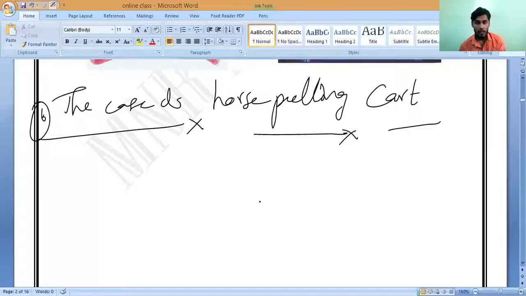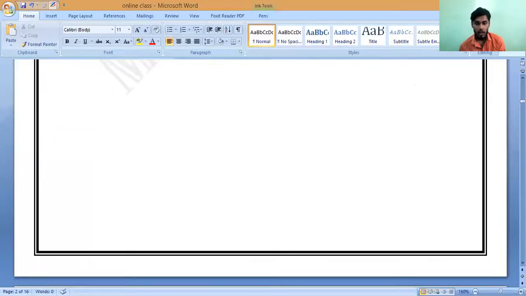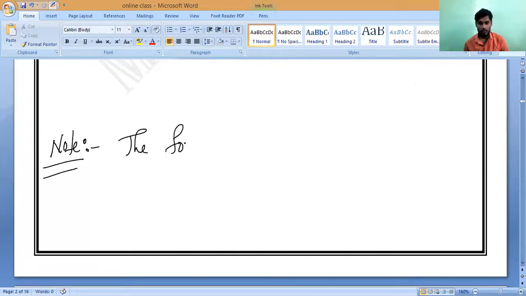The case of a horse pulling a cart also. Okay, now you write it. The forces always occur in pairs. Note. Is it possible to produce action and reaction in a single body?